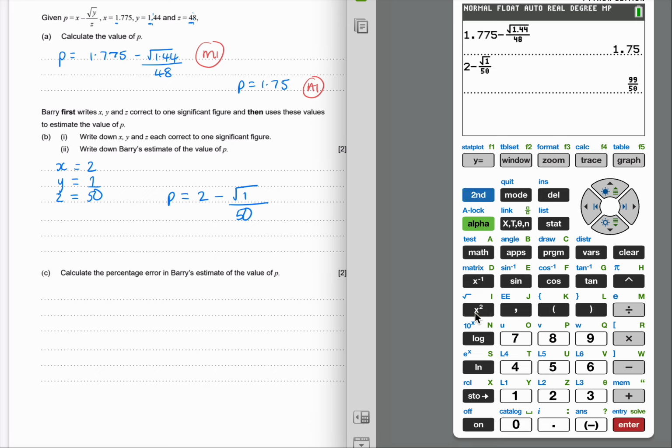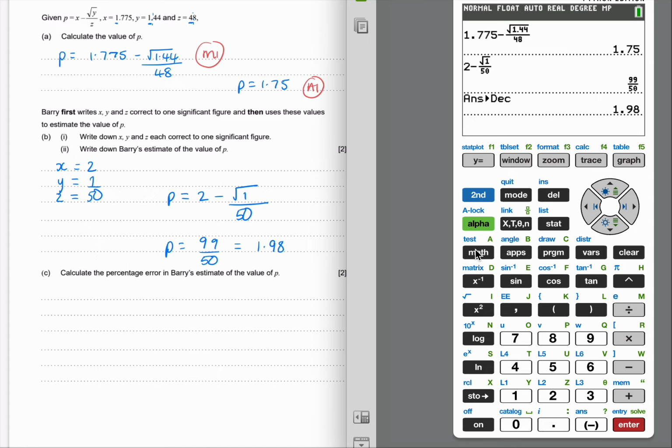And we can see there it's 99 over 50. And that's fine because that's an exact value, but it might also be good to write that as a decimal. So we can go to math, change to decimal, and it's 1.98.